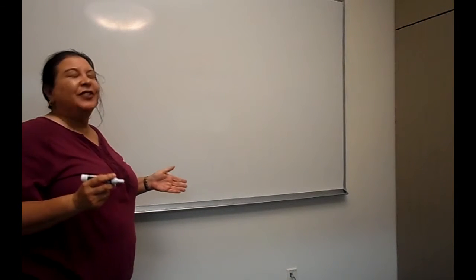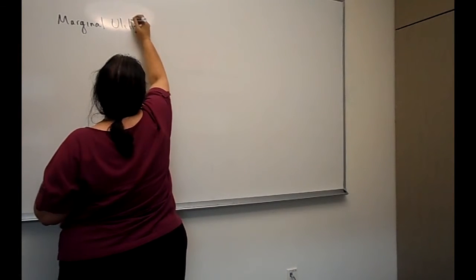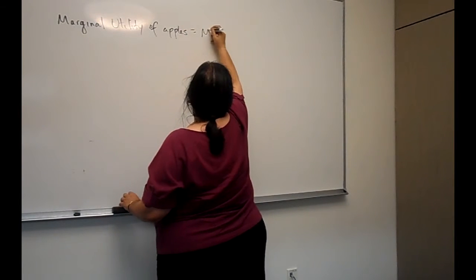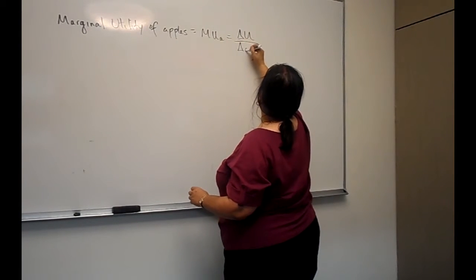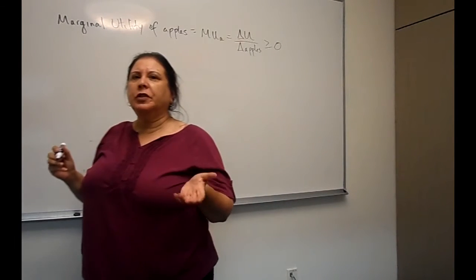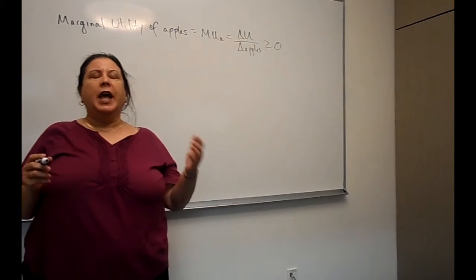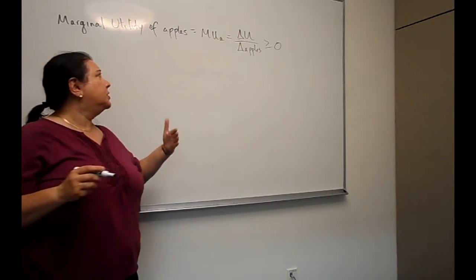So now what we want to do is define marginal utility. So the marginal utility of apples is the change in utility for the change in apples, which means it's the change in utility you get per consuming 1 more apple given the amount of oranges you have, and it's considered to be positive, which means when you get another apple, your total utility goes up.